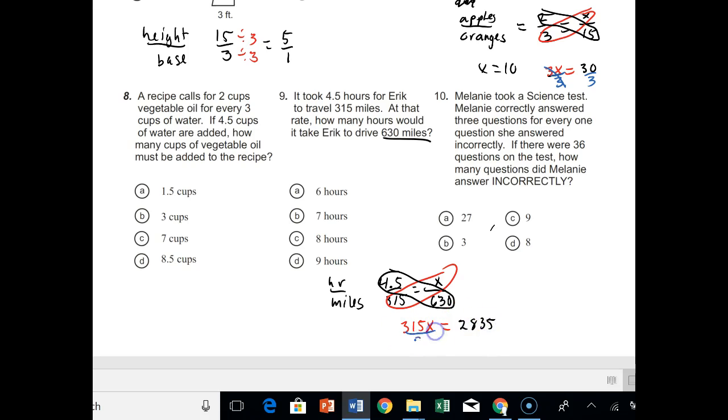So divide by 315. And those cancel off. So your answer should be X equals 9 hours. And again, it makes sense, right? Because 315 times 2 is 630, and 4.5 times 2 is 9. So it makes sense that we will go 630 miles in 9 hours at that constant rate.